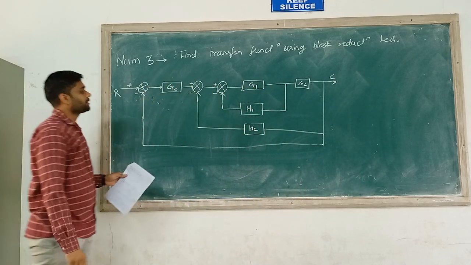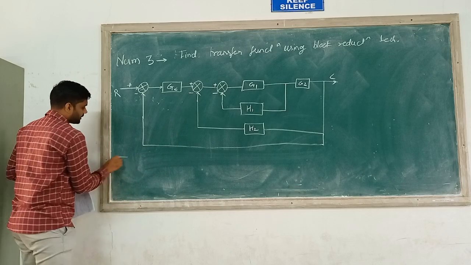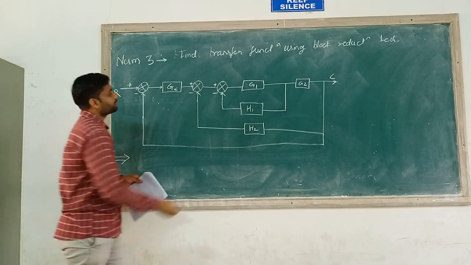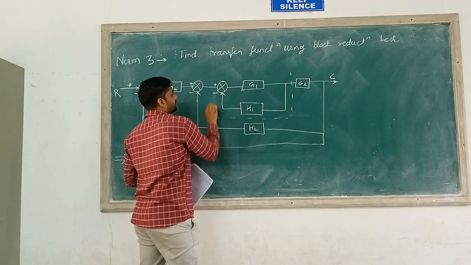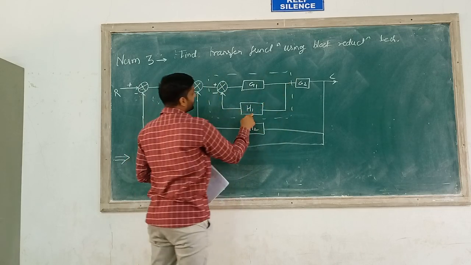So in this numerical, for reducing this, we first use the rule for reducing the feedback loop.